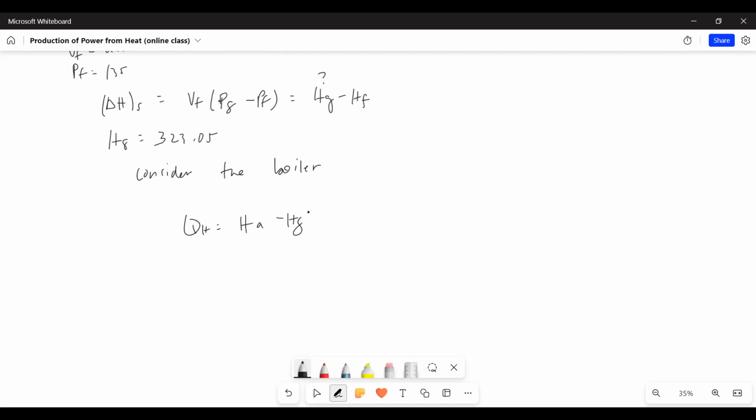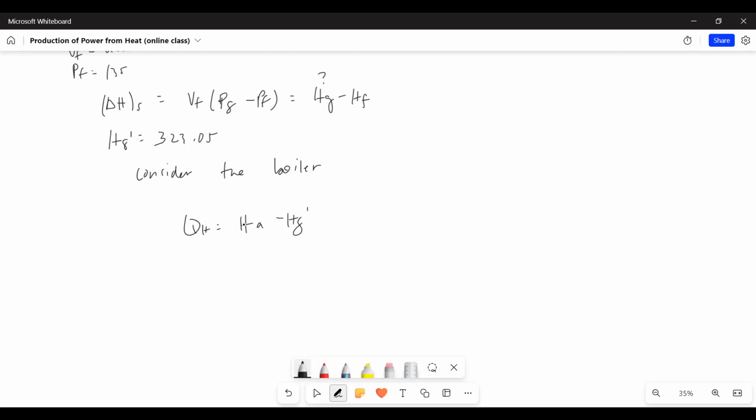We already have the value of HA and HG. By the way, this is HG prime, because the equation we used was for delta HS. So we can simply plug in the values and we will get QH, or Q in.